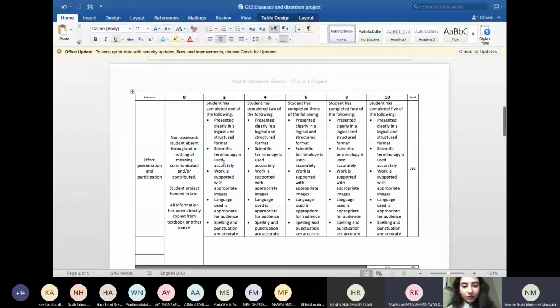You will get 0 out of 10 on the presentation if you have done none of the elements, if you didn't show pictures, if you didn't use medical terminology. 2 points if you achieved one of the following. I think you have read all of them. If you completed the 5 elements, each element equals 2 marks: presented clearly, using medical terminology, your work was accurate, and used appropriate images.